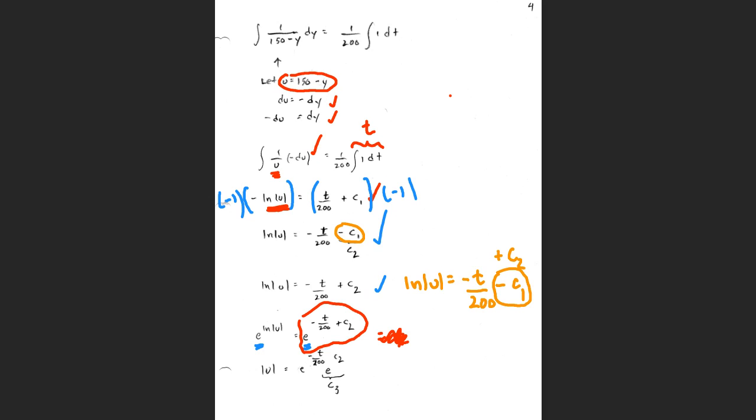What I'm trying to say is if you have e to the A plus B power, that equals e to the A times e to the B. And that's what I used to get from here to there. e to the C2 power, I'm going to call that C3, just because it's easier for me to rename the constant.